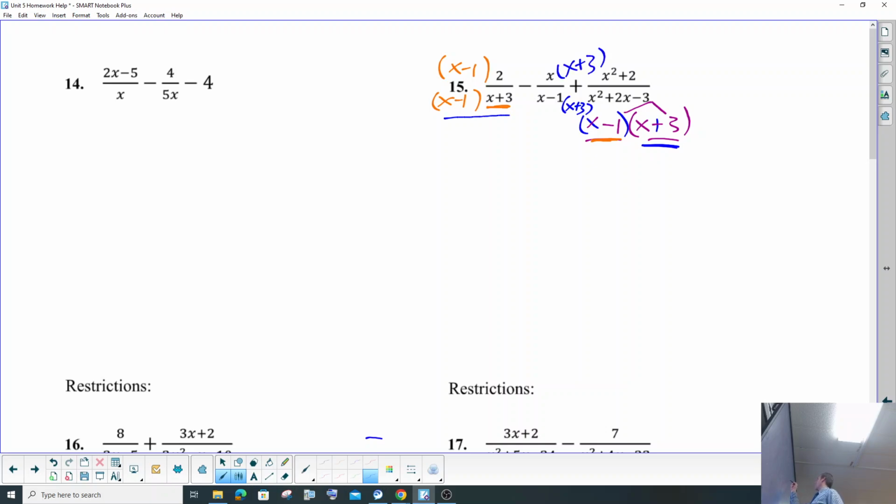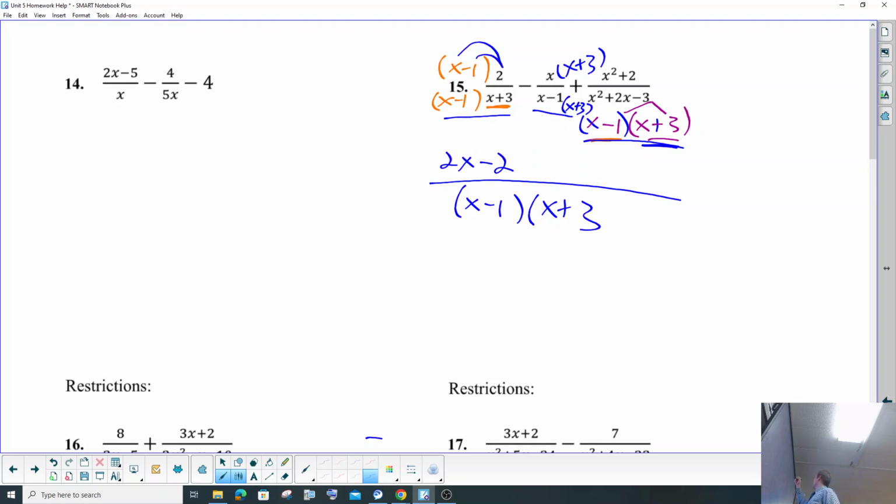So now we have a common denominator, and we have an x minus 1 times x plus 3 in the bottom. And then we distribute the 2 through, so 2 times x is 2x, 2 times negative 1 is negative 2. And then we have a minus x that we're going to distribute through. So we get a negative x squared minus 3x. And then we have a plus x squared plus 2.